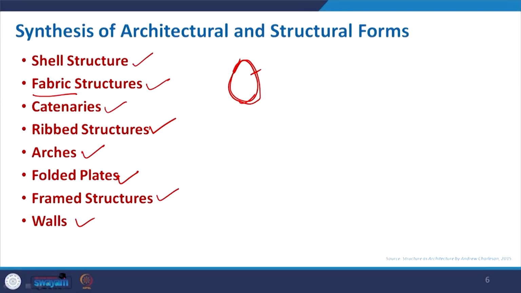Fabric is basically something related to cloth or membrane kind of material. Sometimes, in order to make a structure very light, we use this kind of structure. Already I have given one example, the Munich stadium.